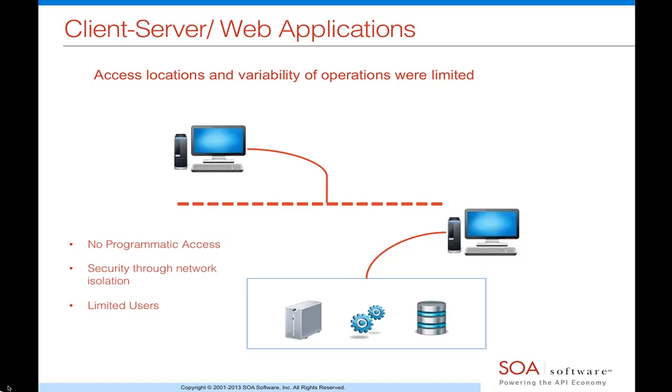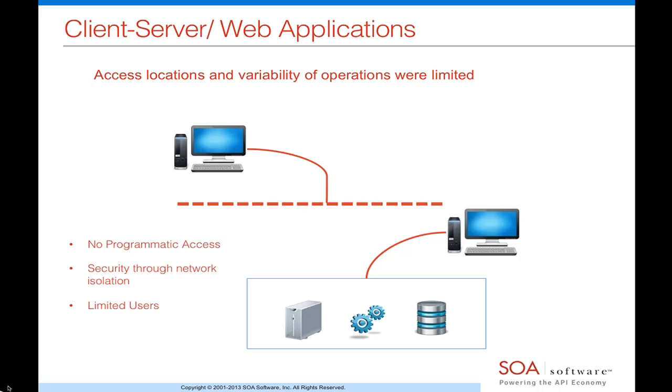You had specific applications with a client very tightly coupled with the application, the database, and the backend. And there was no programmatic interface that the application exposed so that it could be consumed from any other medium.